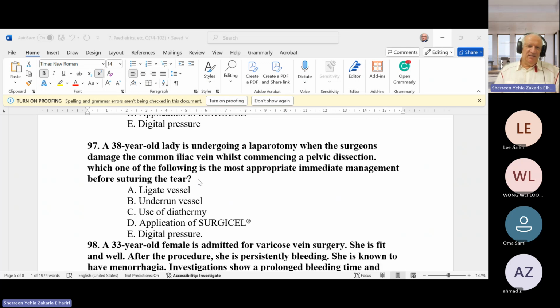It is a big vein and it drains the lower limb, because the common iliac drains the internal and external iliac, and the external iliac is the continuation of the femoral vein, so we don't ligate. So we need to suture. Suture here means repair of the defect. But he asked, what is the most appropriate immediate management before suturing? So what is your answer?